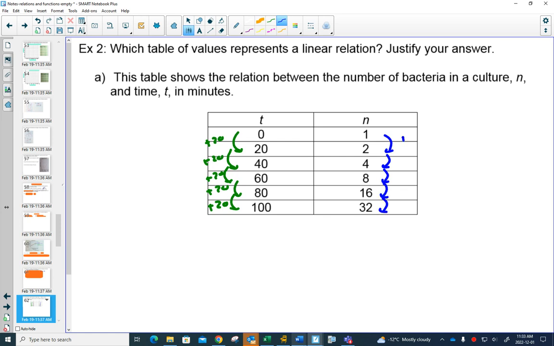But if it increases by different amounts, which this one does, right? It goes up by 1, then up by 2, then up by 4, then up by 8. This makes it not a linear function, or not a linear relation.